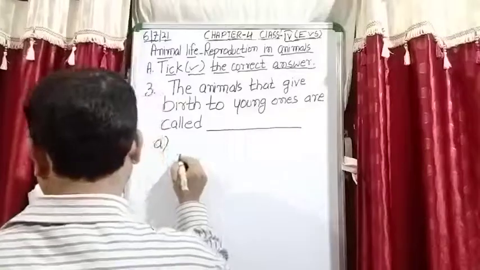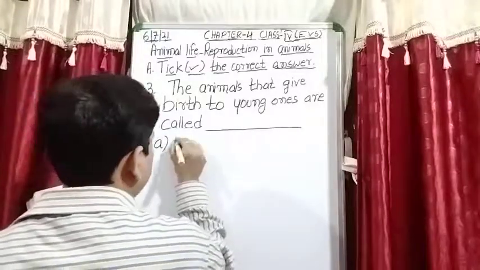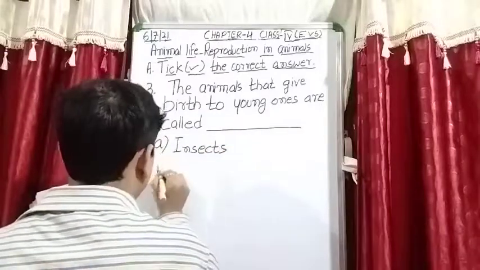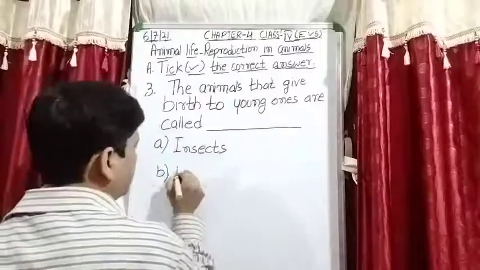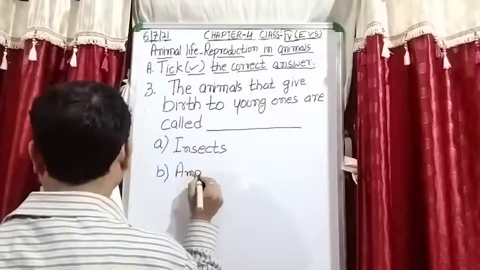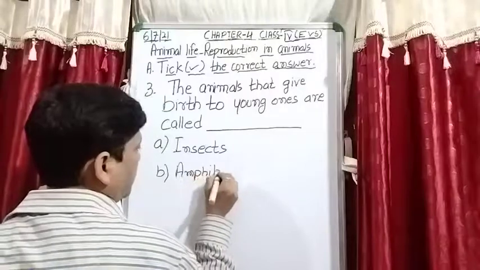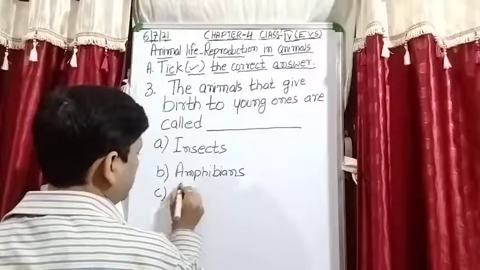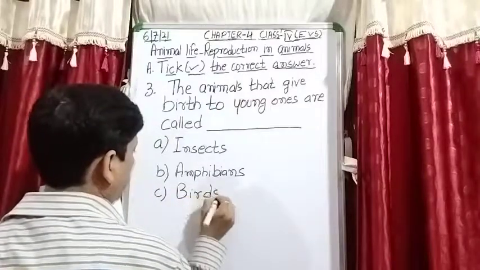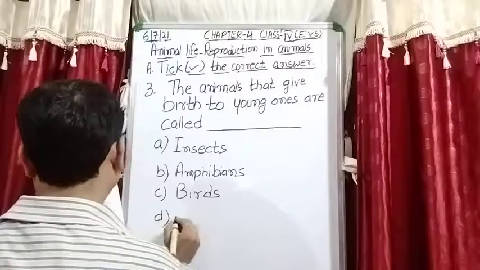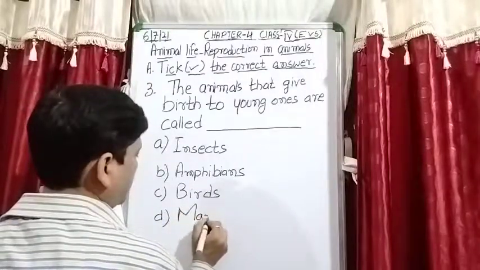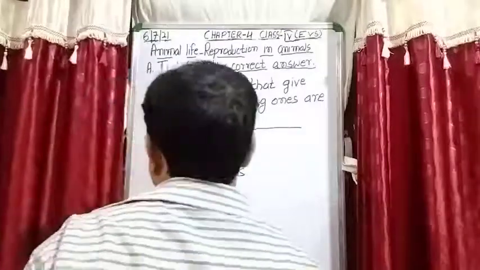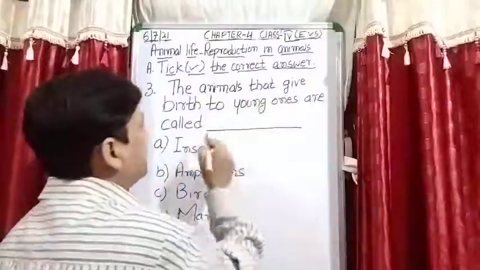Option A, insects. Option B, amphibians. Birds. Mammals. So students, the animals that give birth to young ones are called a dash.